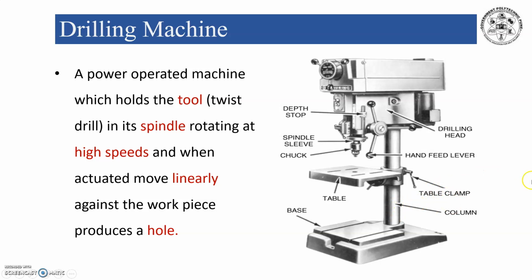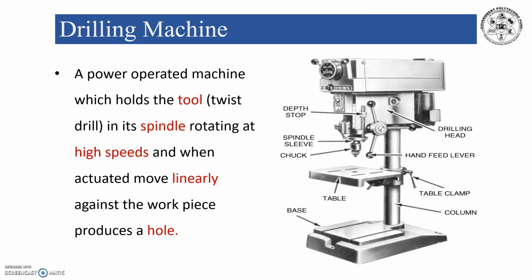Then the next part is the table. Table is mounted on the column and it is provided with T-slots for clamping the workpiece directly on the table. The table may be round or rectangular in shape.